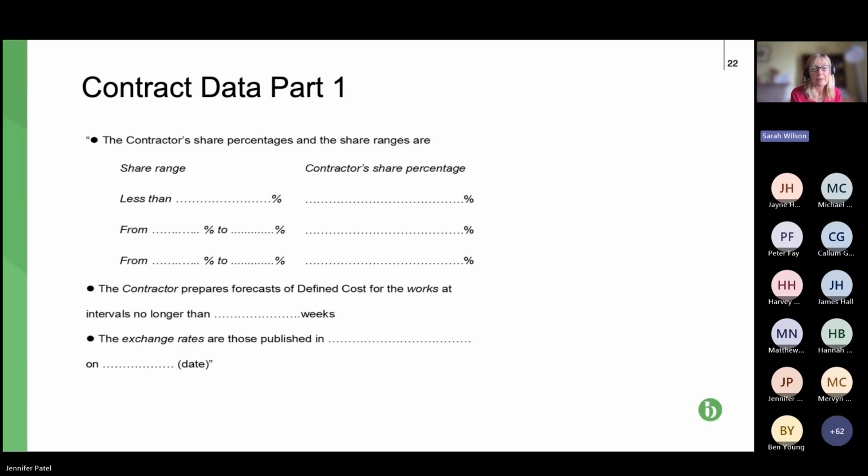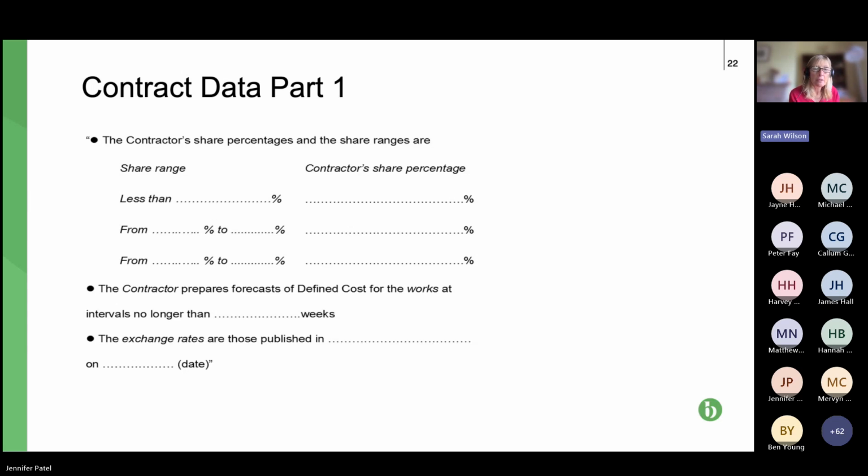Just note as well the second bullet point, that requires the contractor to prepare forecasts of its defined costs. So effectively, you're forecasting in advance. Typically, I would expect that to coincide with interim payments. So if your interim payments are monthly, I would anticipate that would be monthly.